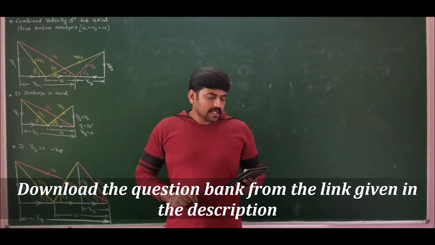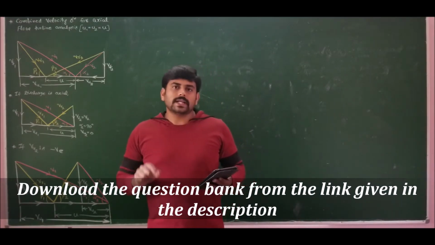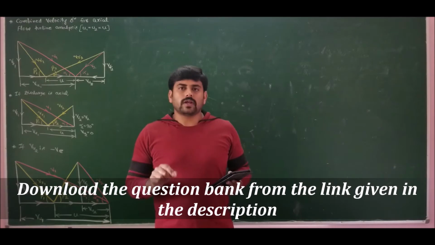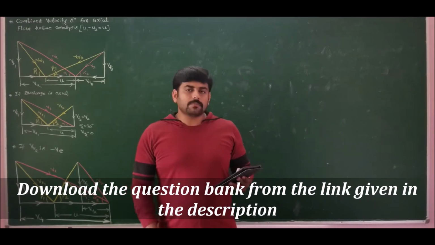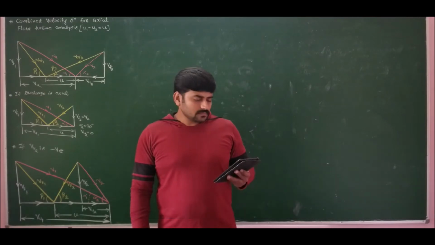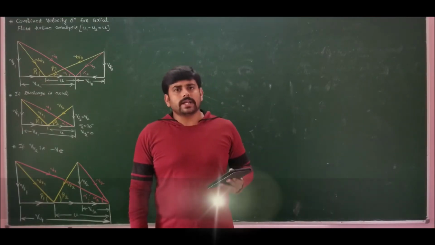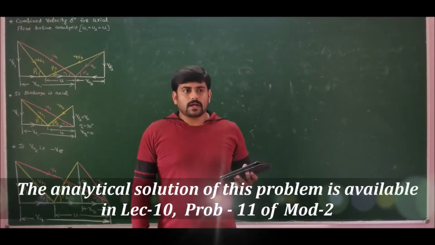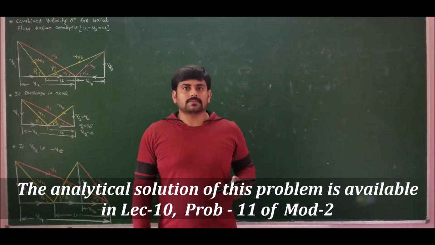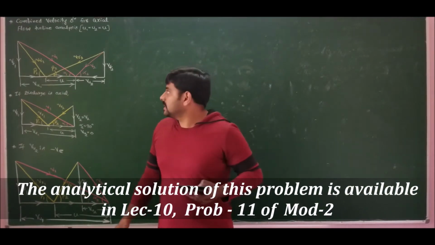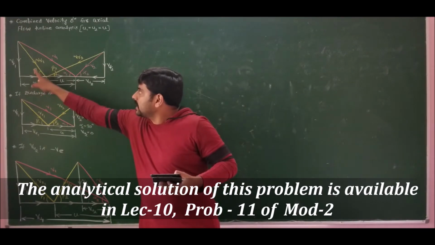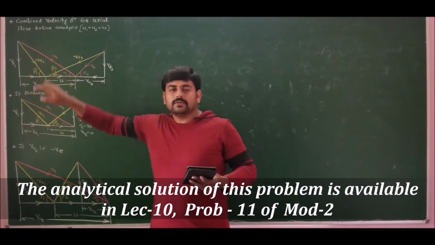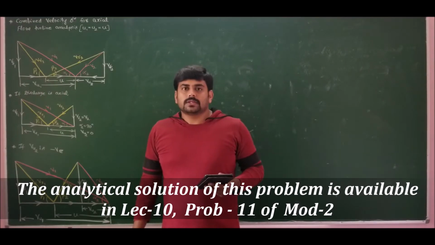This second problem we have solved analytically in our lecture 10 of module 2. So in today's lecture, I will be solving the same problem graphically. When we solve this problem analytically, we take the common side, that is VF1, which is common for both the smaller triangle and the larger triangle, and then we obtain the solution.